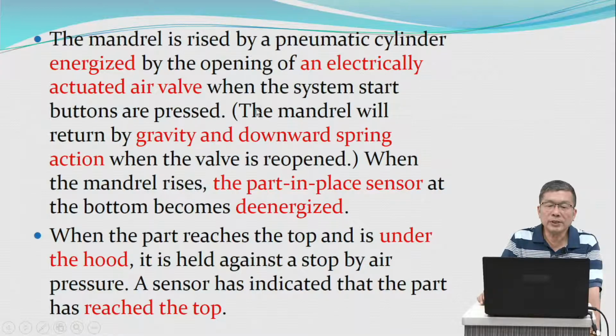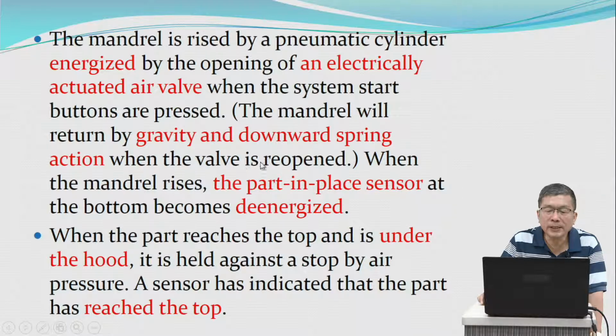The mandrel is raised by a pneumatic cylinder energized by the opening of an electrically actuated air valve. When the system start buttons are released, the mandrel will return by gravity and a downward spring action.